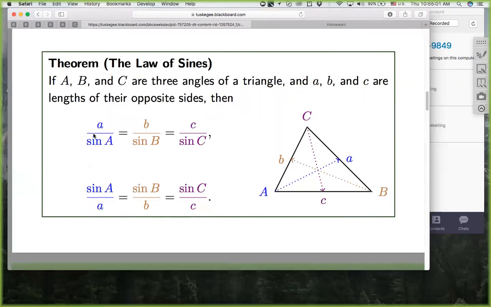So we'll use the first type of formula when you want to figure out the side length a, b, or c. We use the second formula when you want to figure out the angle values, angle A, angle B, angle C. So use the unknown values on the top of the fractions. So unknown values go to the numerators of the fractions.